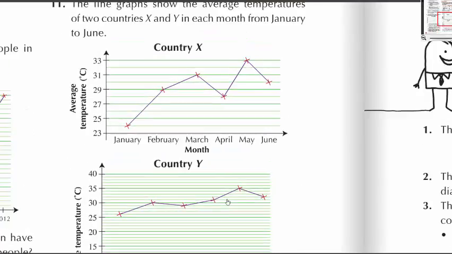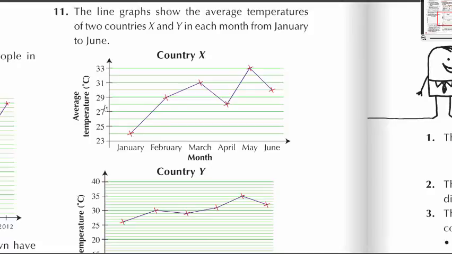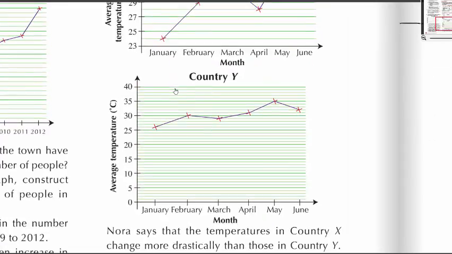Now do look carefully. The scale in the first graph starts from 23 degrees. So the temperature range in country X is from 23 to 33. But then the scale in country Y starts from 0. But if you were to study, the temperature range is around the same. It's from 25 all the way to 35.